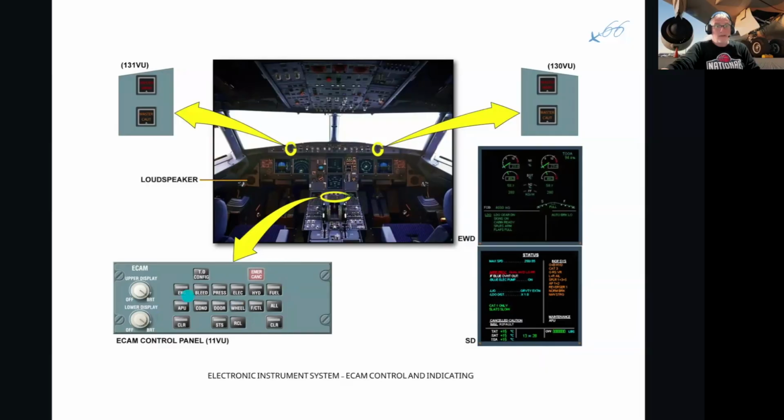Okay, and it has these different layouts here, engine. So you can choose to see the secondary engine parameters, because the primary ones are on the top one. So I can see on the bottom screen the secondary engine parameters. I can see the bleed parameters, the pressurization parameters, the electrics, how they're behaving on the aircraft, the hydraulics, how they're behaving on the aircraft, the fuel systems, the APU, the air conditioning, the doors and the oxygen page, the wheels page, the flight controls.